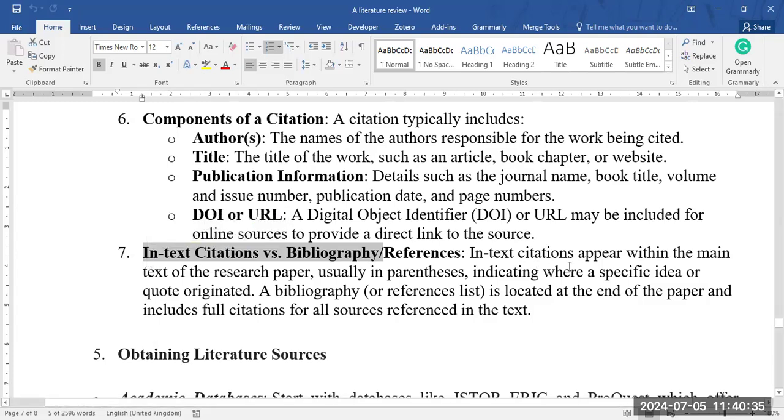In-text citations appear within the main text of the research paper, actually in parentheses, that means brackets, indicating where a specific idea originated. And a bibliography or reference list is located at the end of the paper and includes a full citation for all sources referenced in the work. So now I will show you one research work.